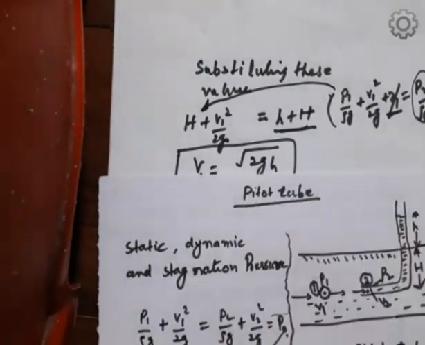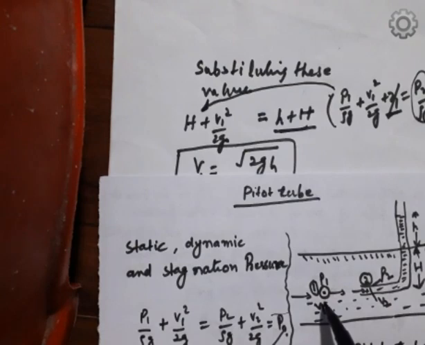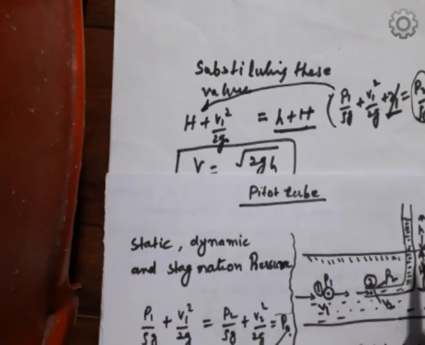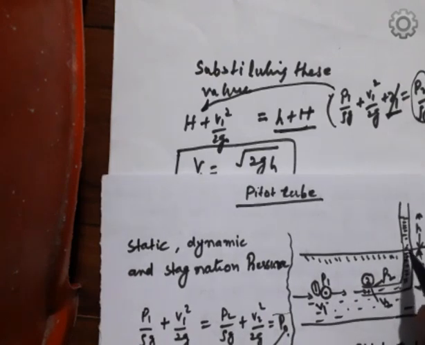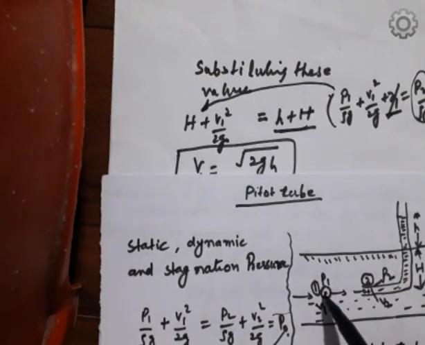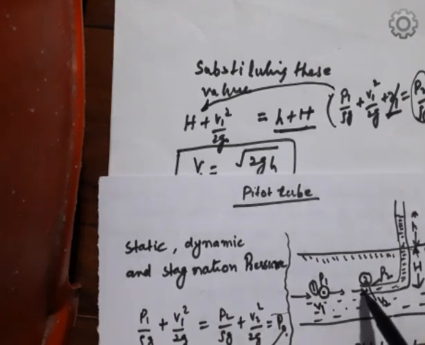So you can understand that here the velocity is V1 and the dynamic pressure is V1 square by 2g, the static pressure is P1, and P1 is equal to the height in the column, where the liquid height is h1. When it comes here, velocity becomes 0 and the pressure becomes the stagnation pressure.